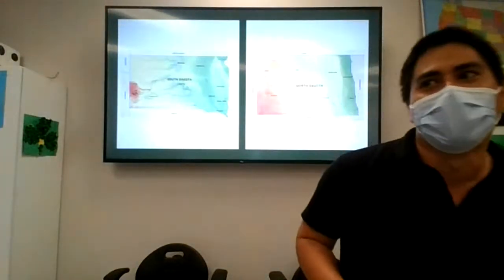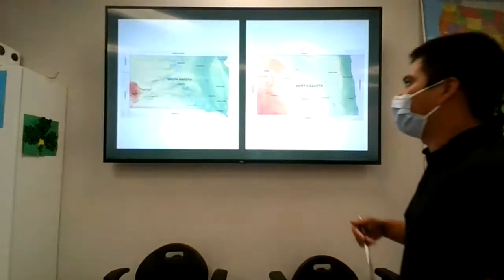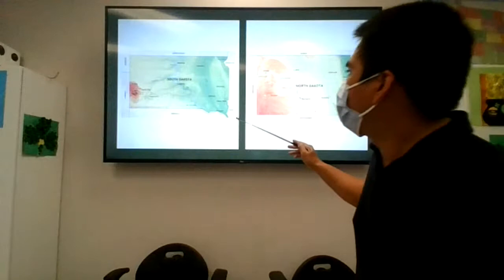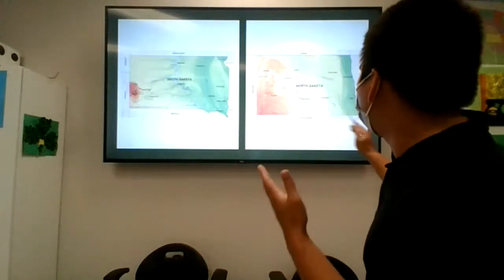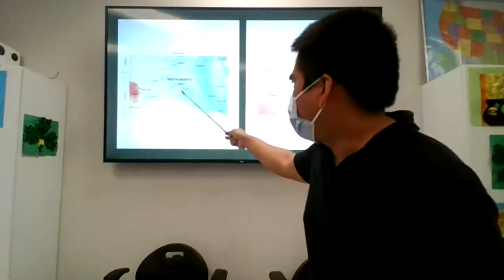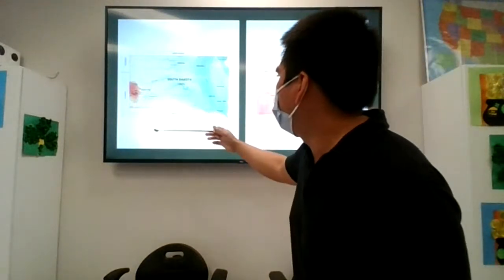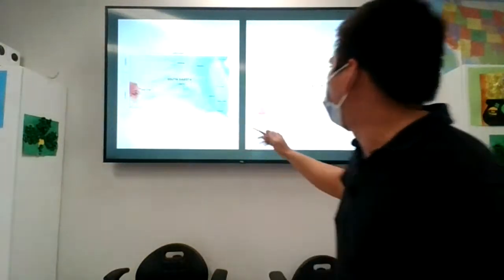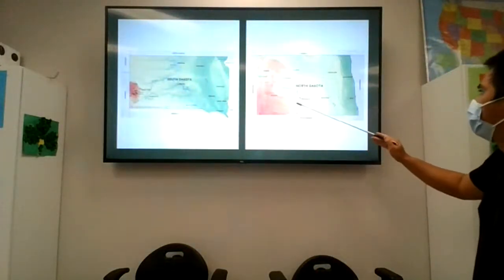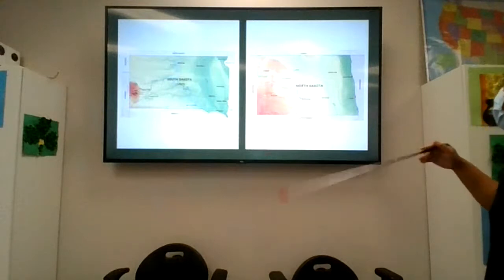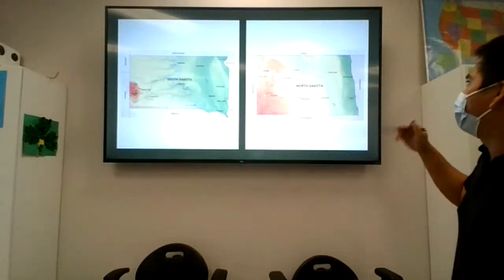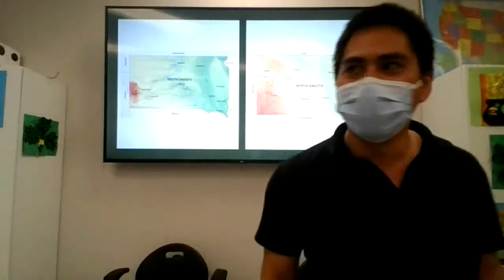There are differences between these two. South Dakota's capital is Pierre, but most people live in Rapid City or Sioux Falls. Over here in North Dakota, the capital is Bismarck, but most people live in Fargo and Grand Forks. And don't ask me about Devil's Lake. I don't know why they call it that.